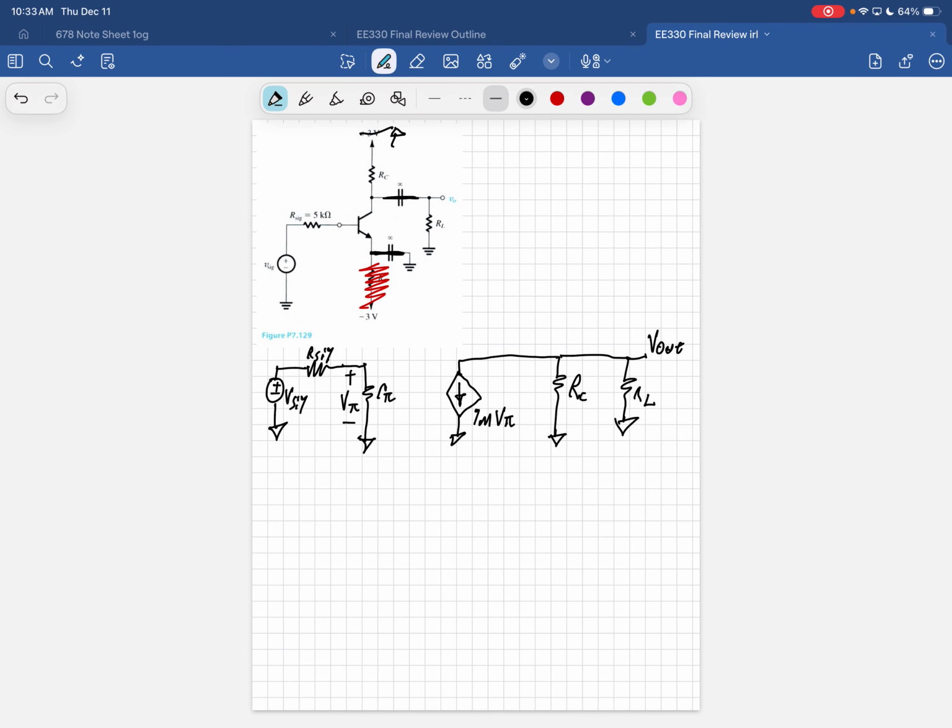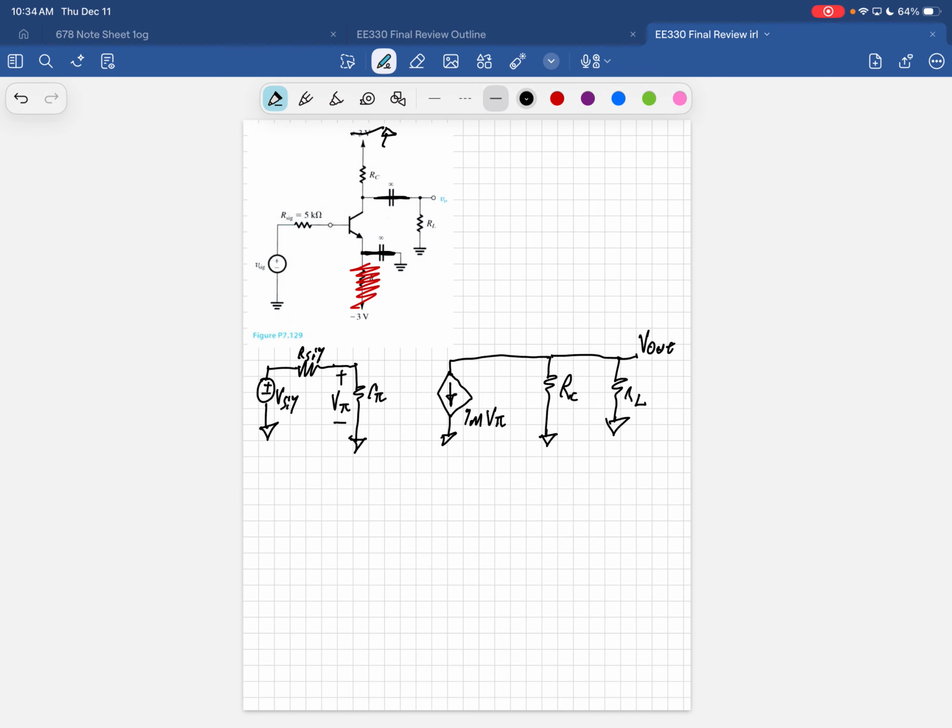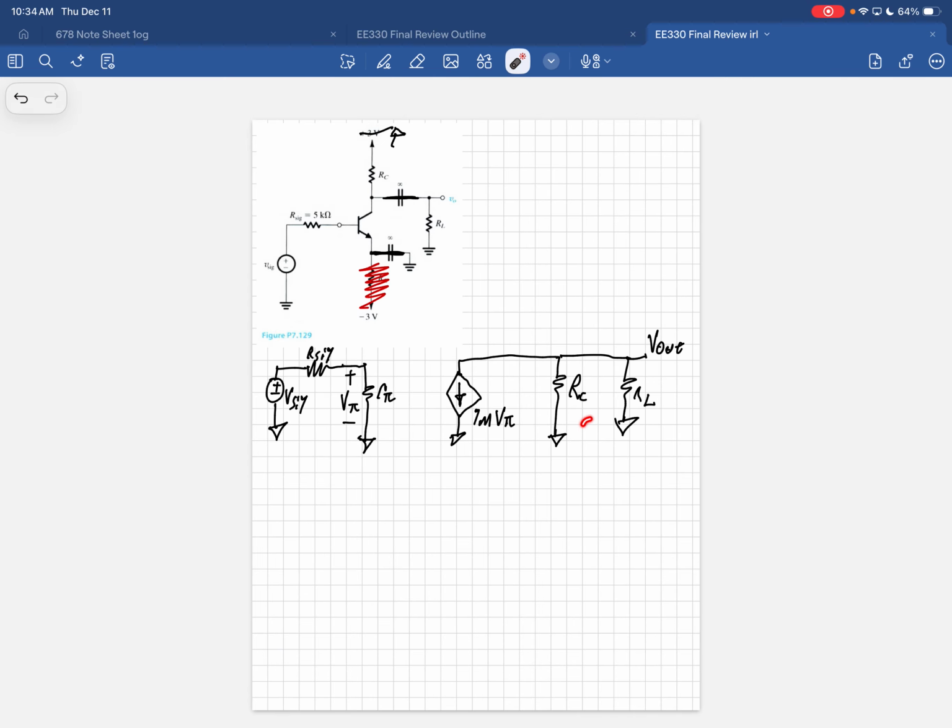So we have basically a voltage divider and a resistor in parallel. You have two resistors in parallel, so to simplify that, you can just combine those two. I don't like doing Thevenins. I would combine these two and then do your voltage divider here to simplify it.